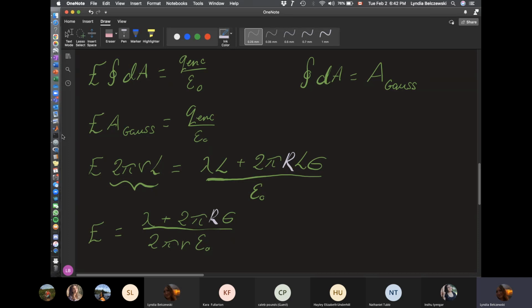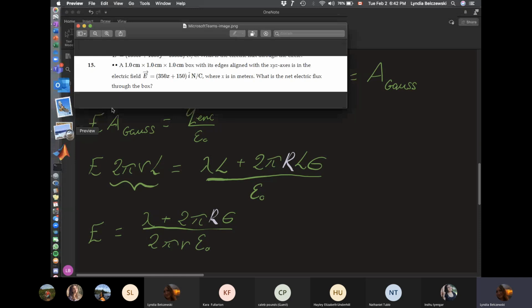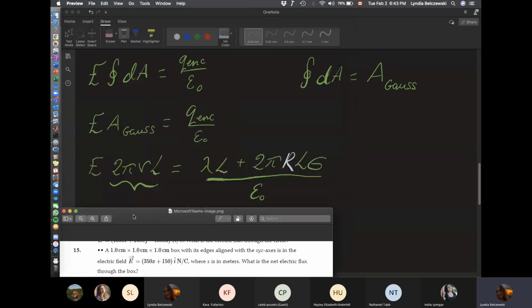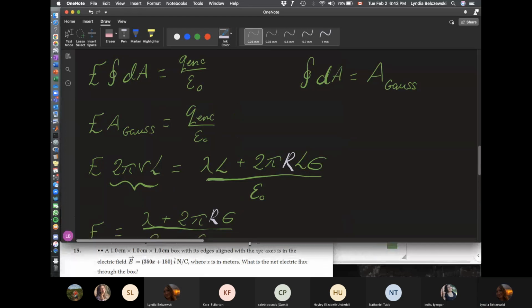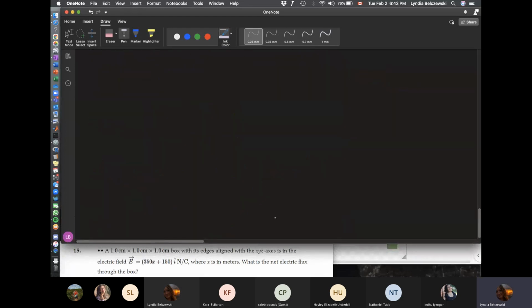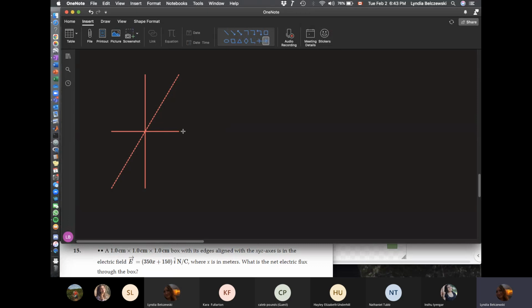In the meantime, I think we'll go and do a textbook question that someone sent me. It's about electric flux given an electric field, and we have a box for this question. Okay, so for this question 15, we have a box, and actually I'll draw the box because I find it's always easier to visualize things.